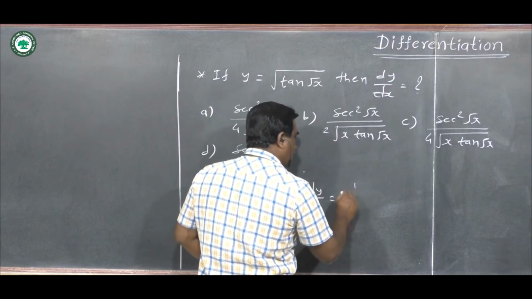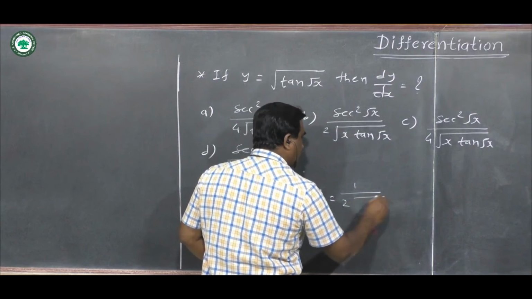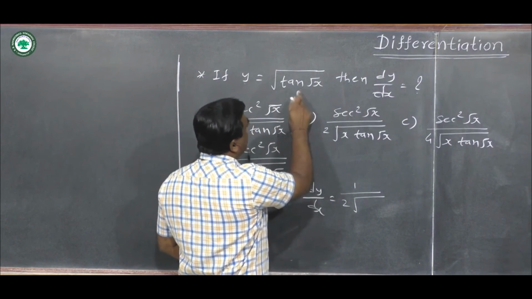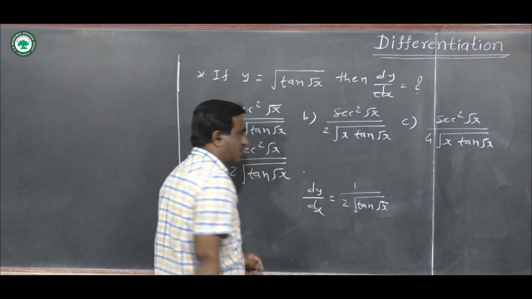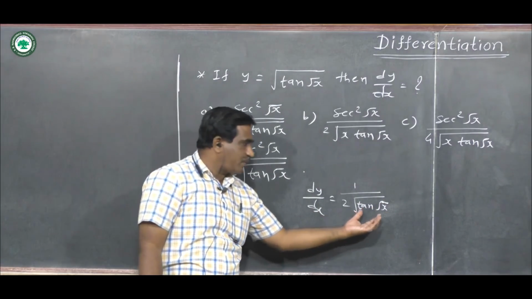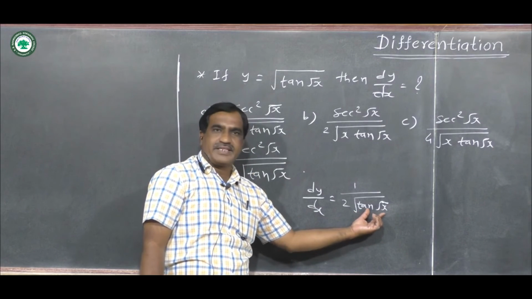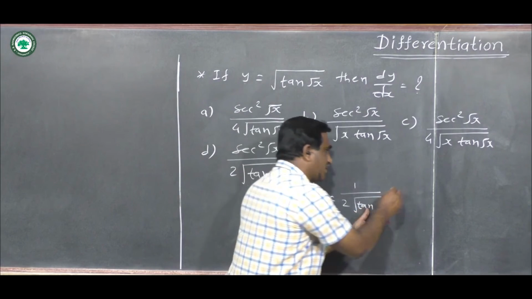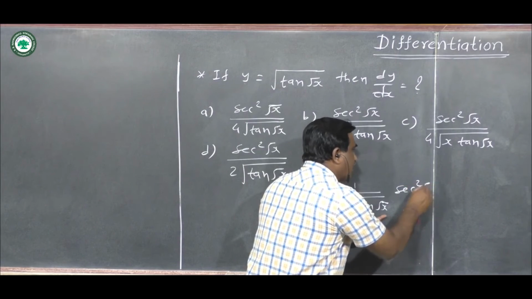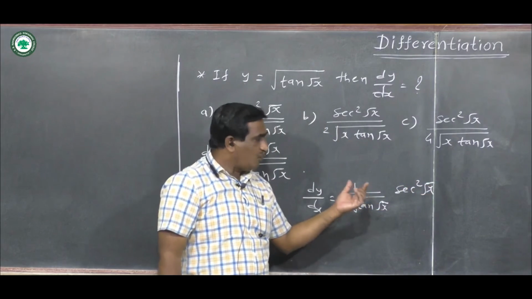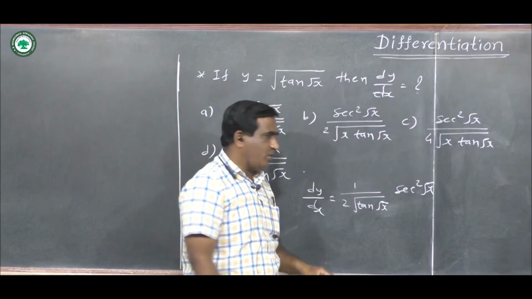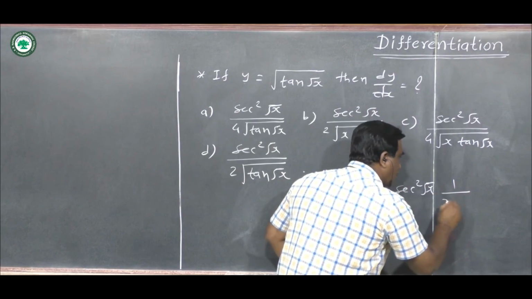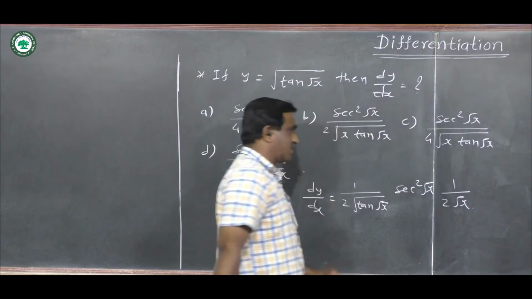That is 1 upon 2 into under root tan of root x into derivative of f of x, that is derivative of tan of root x. Derivative of tan of root x is sec square of root x into derivative of this root x. Derivative of root x is 1 upon 2 into root x.